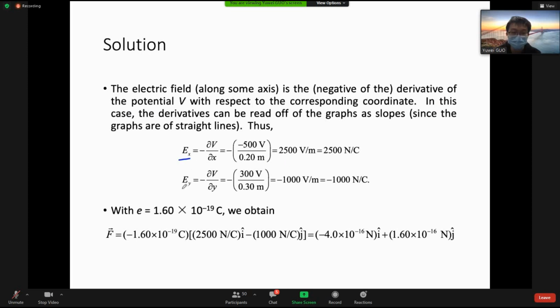So it's easy to calculate the electric field for Ex and Ey, express it with the direction, then use the force equal to Q times E and get what we want.